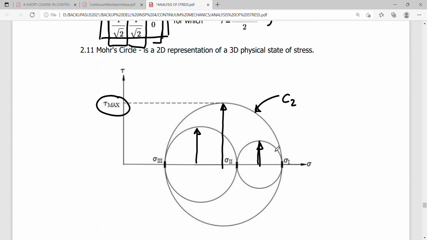Okay, of course, this circle 3 here has a smaller radius, and this circle 1 here also has a smaller radius than this circle 2. So I'd like you to take note of how these circles are constructed, no?